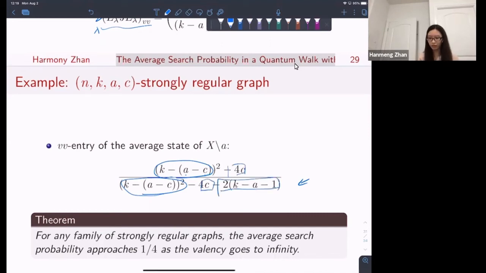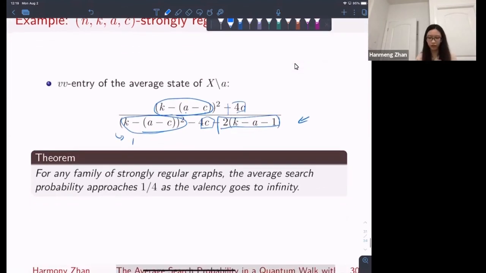So as k goes to infinity, this converges to 1. And that finishes our proof. So for any family of strongly regular graphs, regardless of the parameters, the average search probability will approach at least 1/4. And of course, it cannot go larger. So this is exactly the success probability.